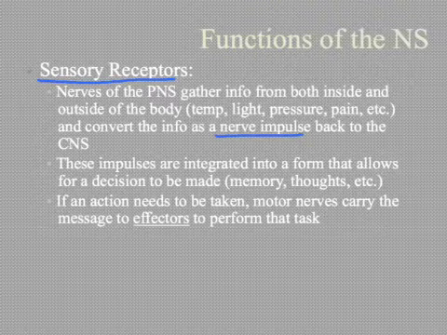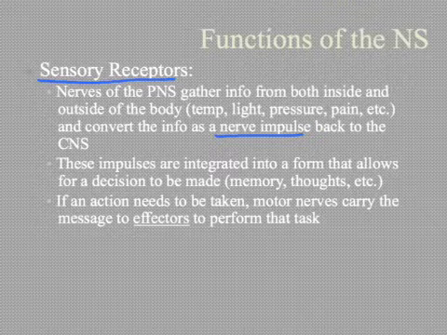Your brain doesn't actually feel pain when you slam your finger in a door, but rather the finger sends a message to the brain telling you that it hurts, and then your brain processes that. It allows your brain to make decisions. So once we realize that something has happened, you can decide what to do about it.